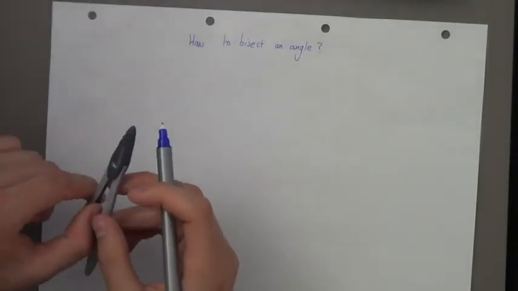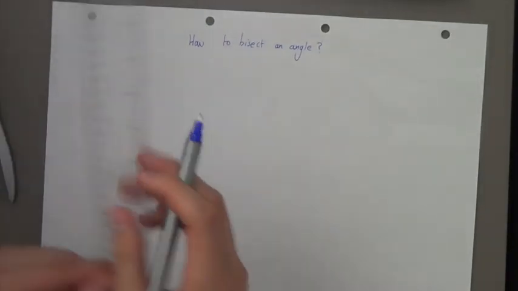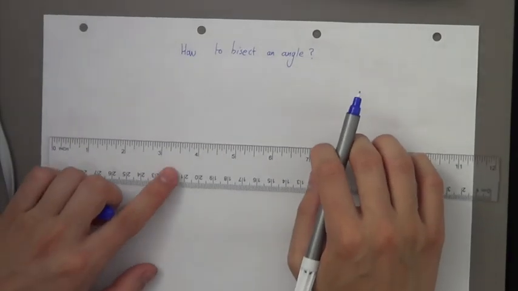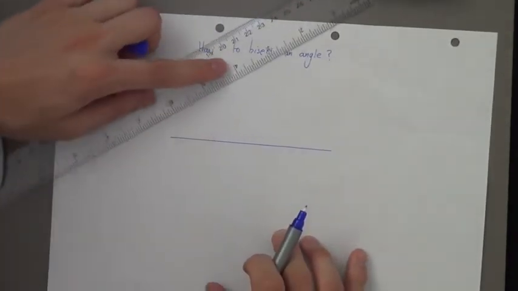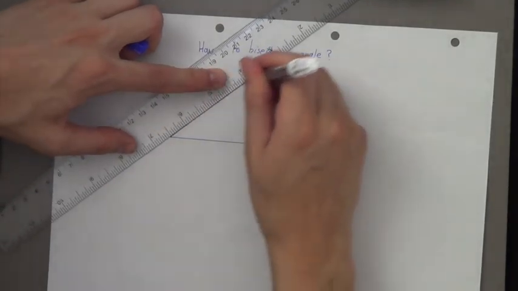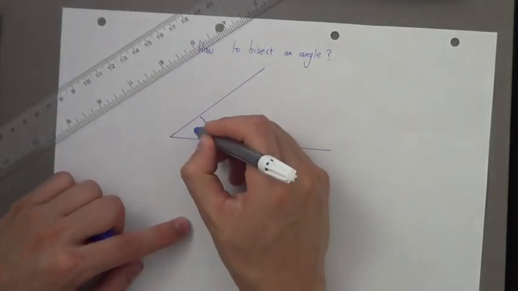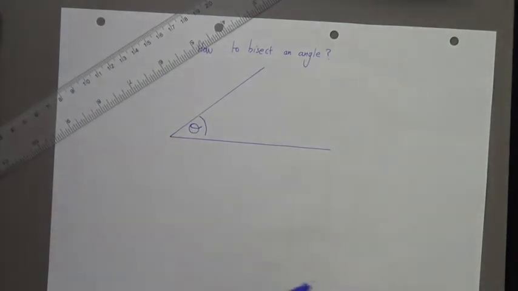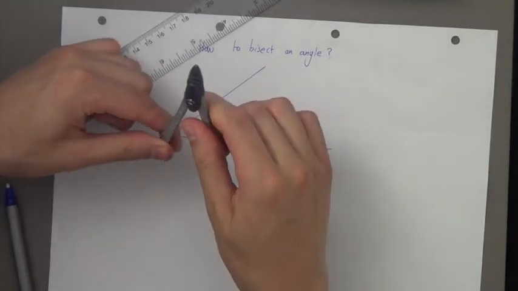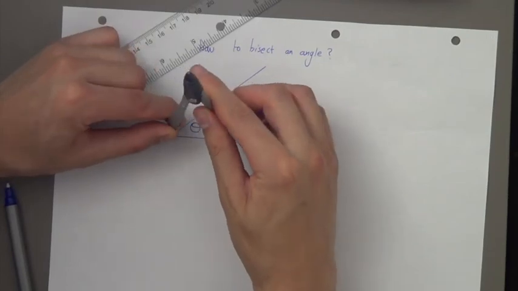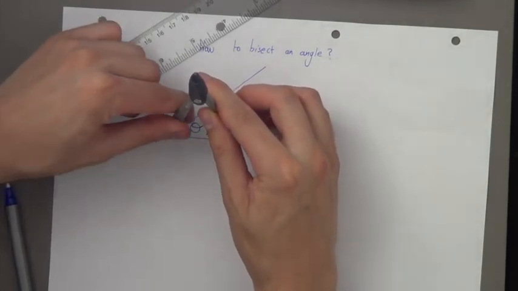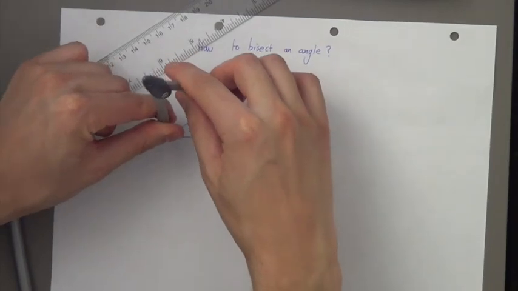Lastly, I want to show you how we can bisect an angle. Let's say we've got a triangle like this, and we've got this angle here, angle Q. In order to bisect this angle, I'm going to put my compass at a certain length.